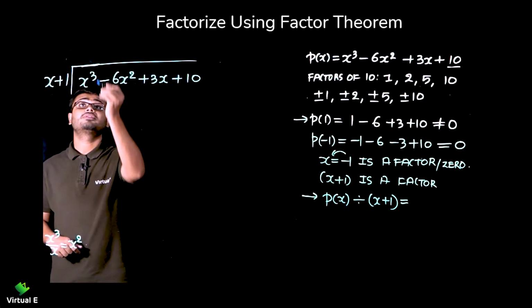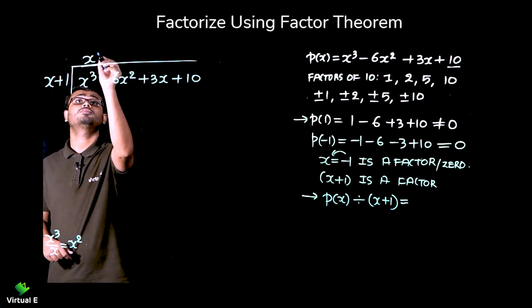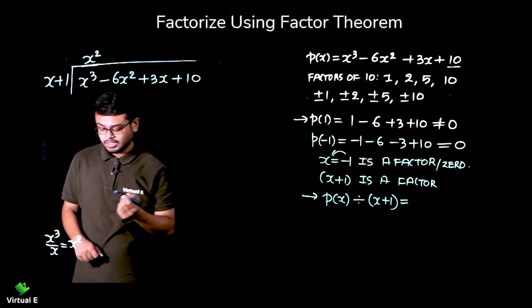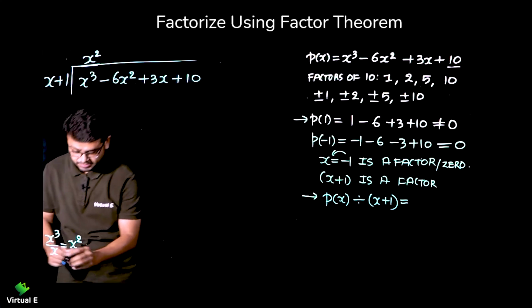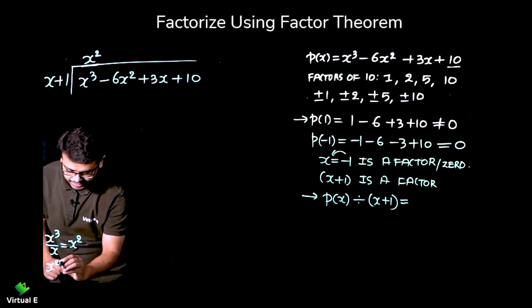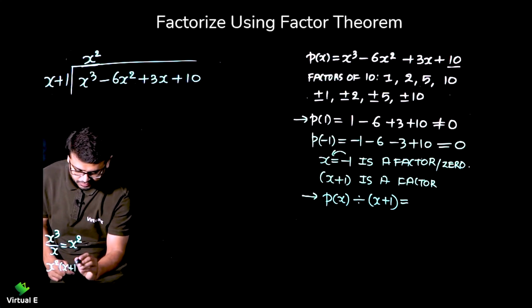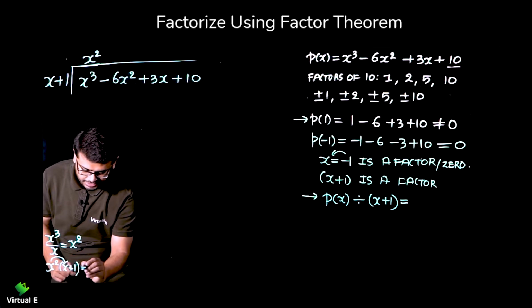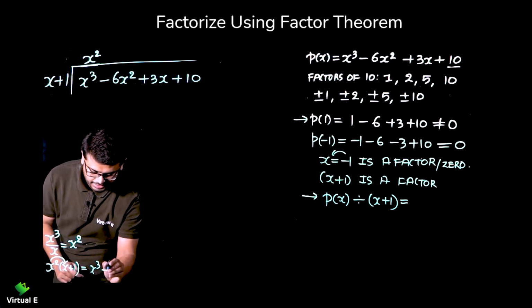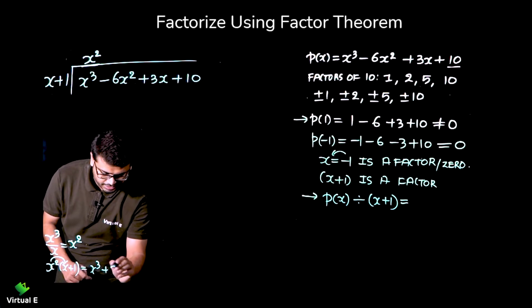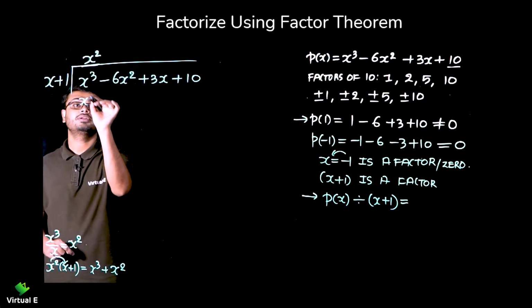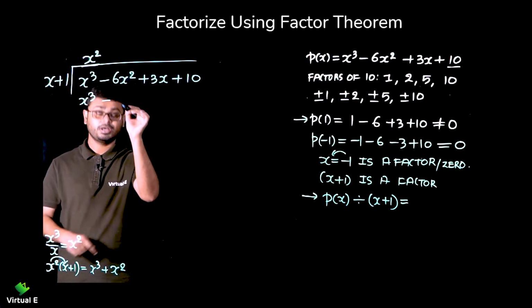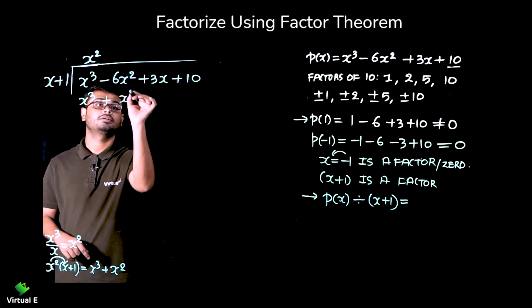Now this term will go in the quotient, that is x square. Now we need to multiply it with the divisor, x plus 1. So x square into x plus 1 gives x cube, and 1 into x square is x square. So x cube goes below x cube and x square below x square.